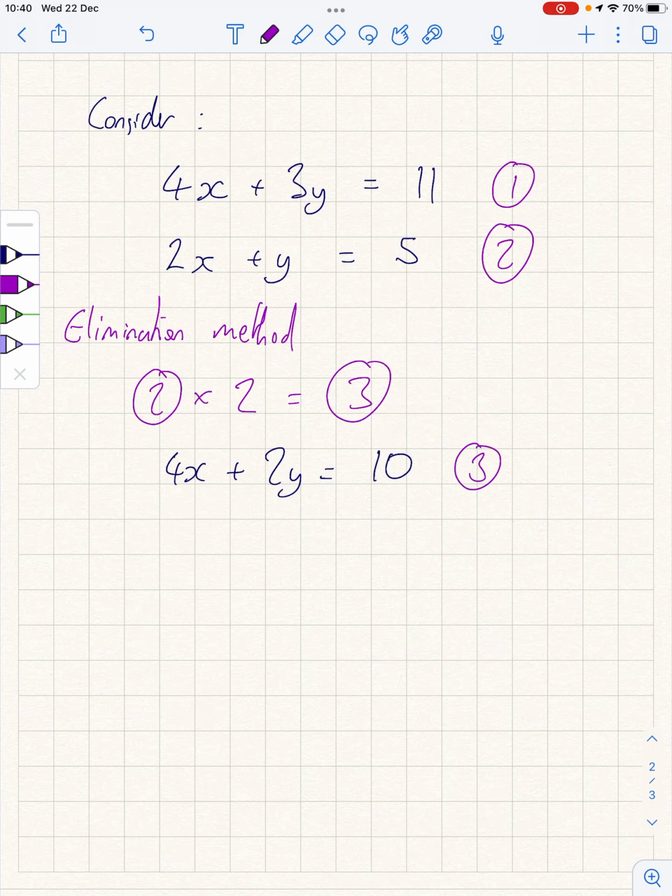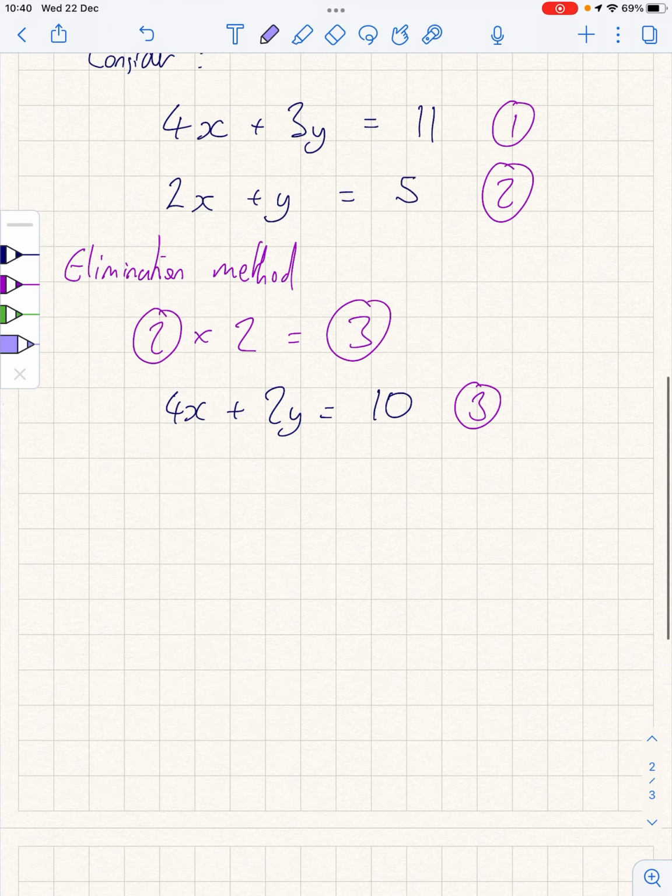Now when we look at equation 1 and equation 3, we can see that the coefficients of the x's are the same. So let's put the equations one on top of the other. I've got 4x plus 3y is equal to 11, and that's equation number 1.